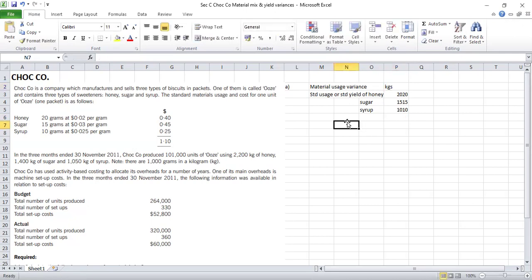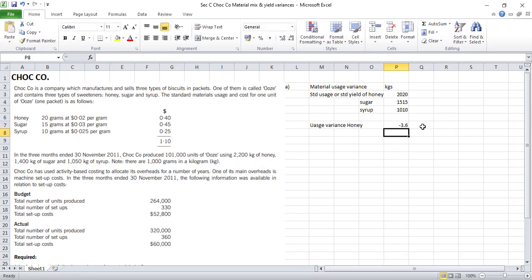Now we will calculate usage variance. First of all, usage variance of honey. The formula is standard usage, which is 20, minus actual usage, which is 2200, into standard price per gram, which is 0.02.